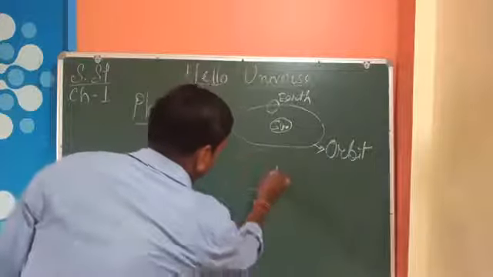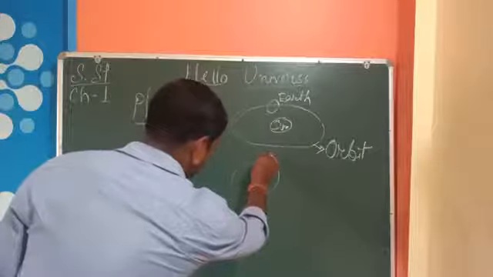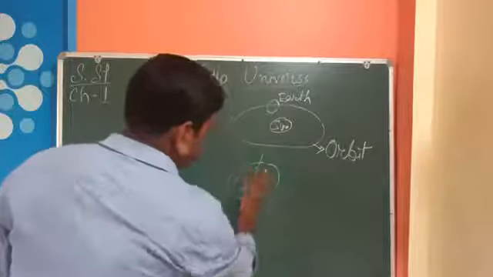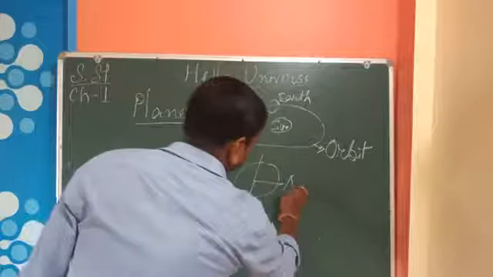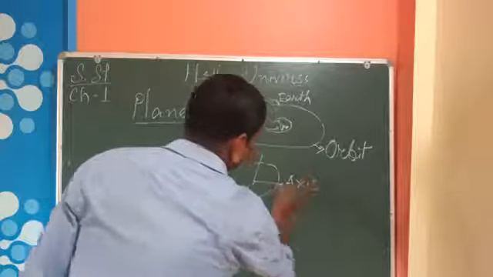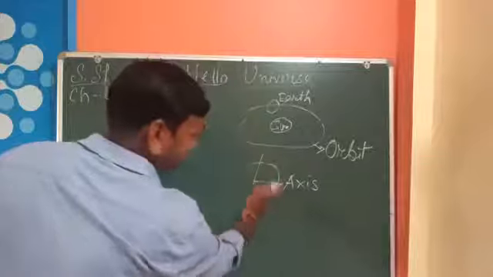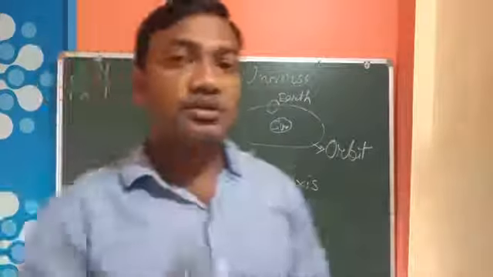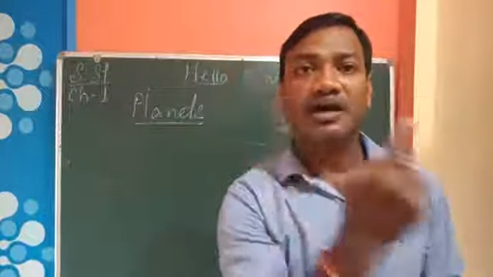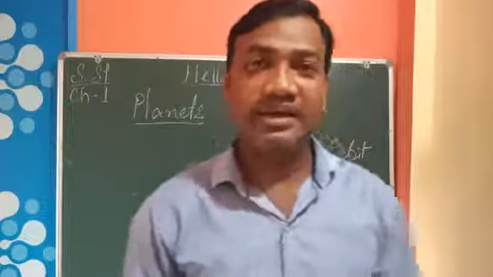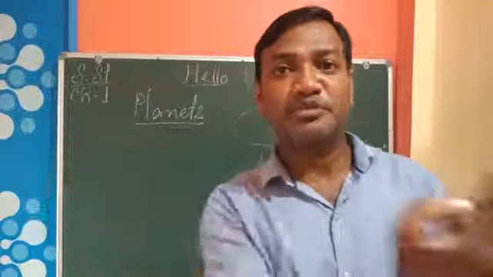Suppose this is Earth and it has one axis, and it spins on that axis, and it also revolves, moving around the sun.